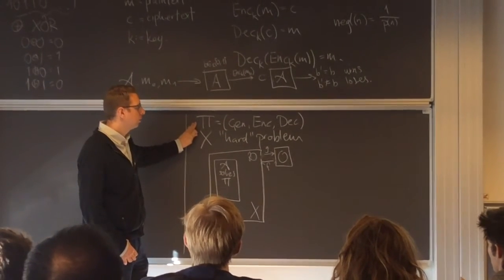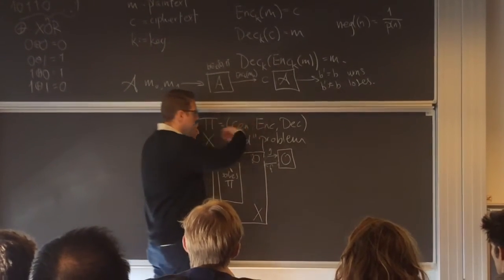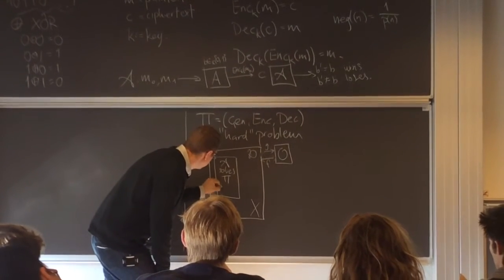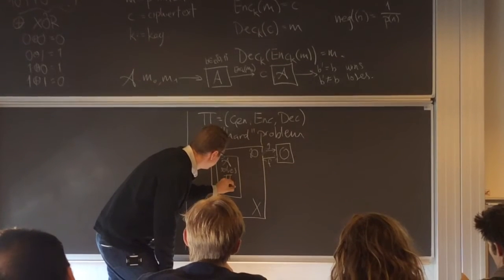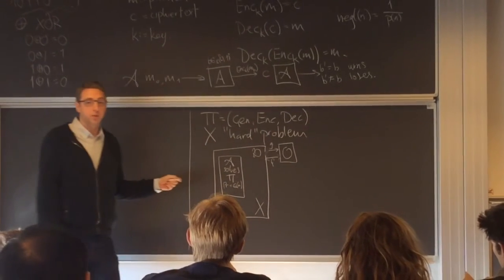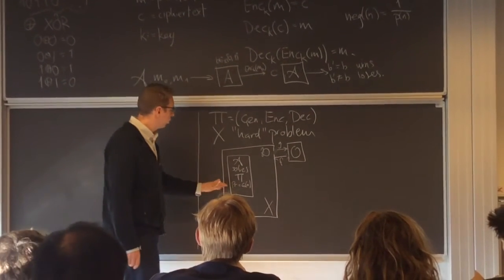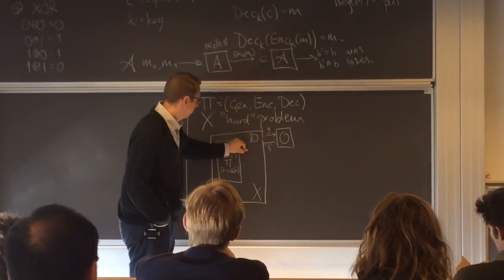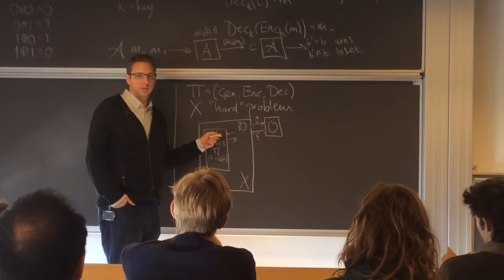It simply breaks this encryption scheme that we've cooked up with some non-negligible probability epsilon of m. And the whole idea is that D fakes Alice.